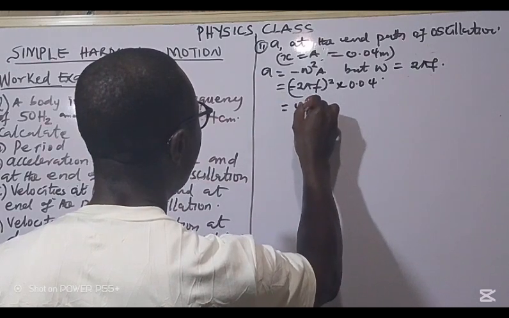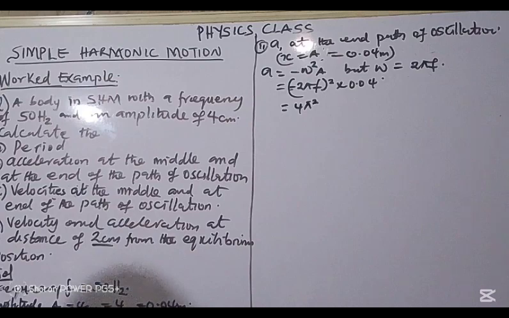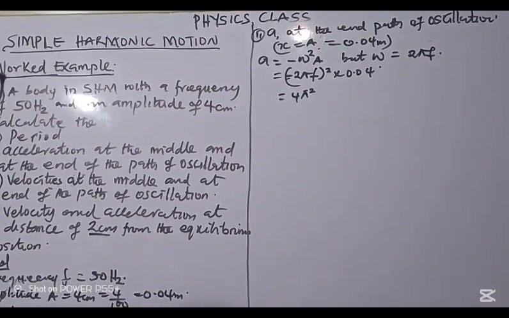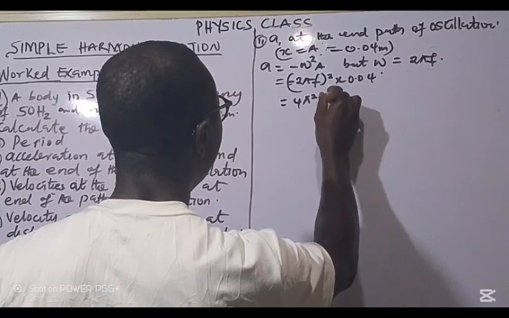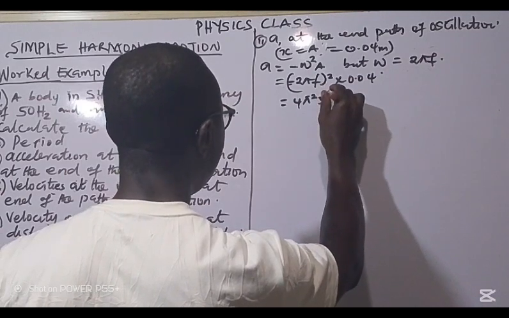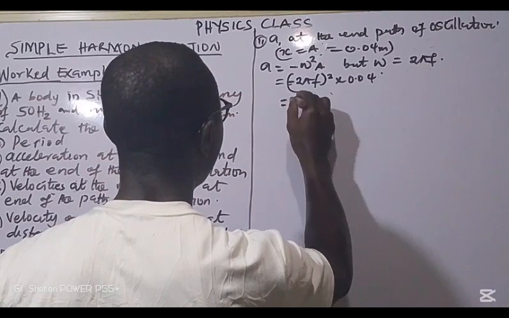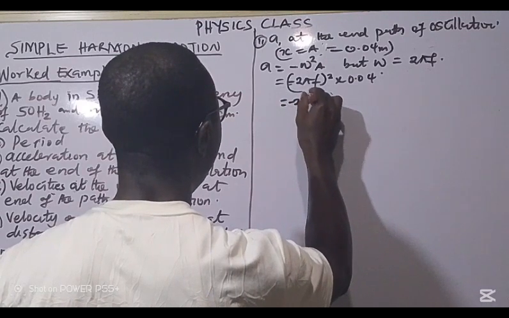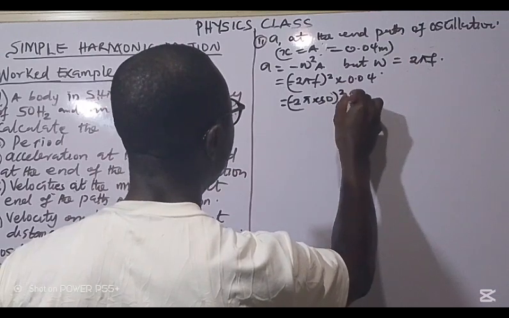Our f is given as 50. Let's do it together: minus 2 multiplied by pi multiplied by 50, all into square, multiplied by 0.04.